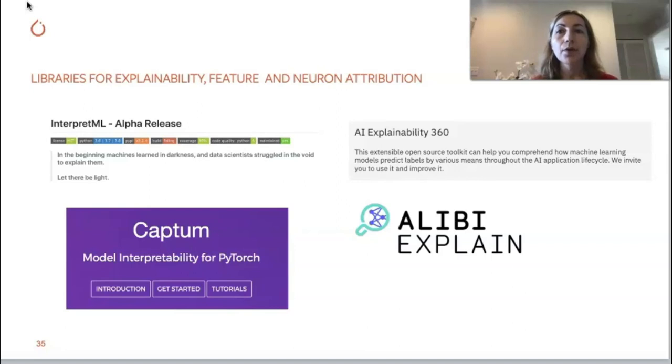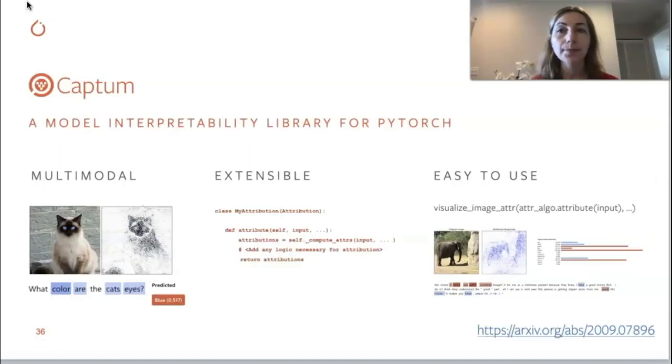There are a number of open source libraries such as Interpret ML, AI Explainability 360, Alibi Explain, and Captum, which offer generic implementations of neuron and feature attribution algorithms. In this presentation, we will focus on the Captum library and apply some of the algorithms from Captum to different NLP problems.